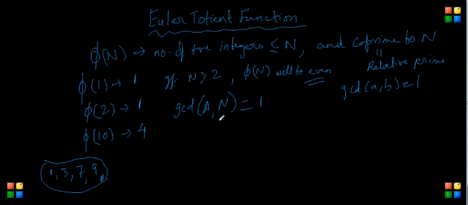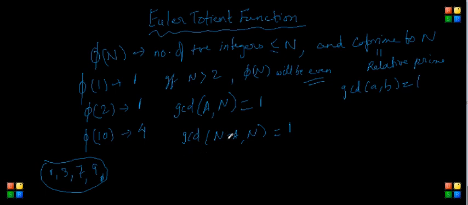So as per Euclid's algorithm, if n is greater than a, this must also imply that the GCD of n minus a comma n should as well be equal to 1, right? If the GCD of a comma n is 1, then by Euclid's algorithm the GCD of n minus a comma n should also be equal to 1.